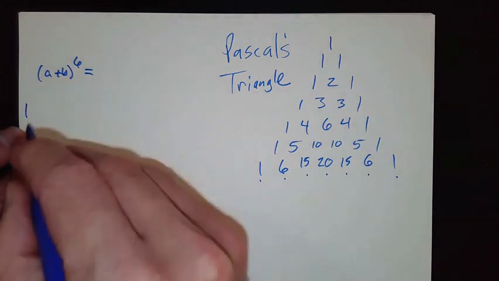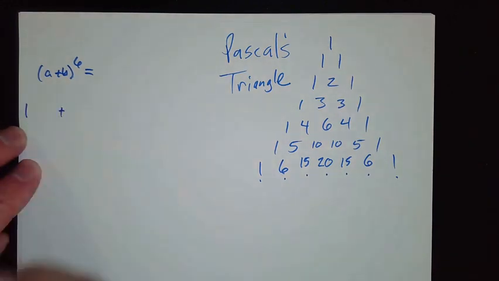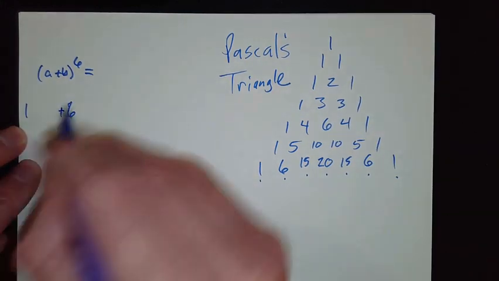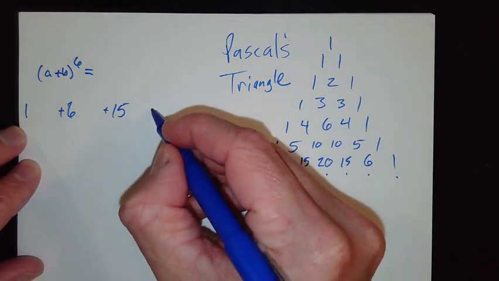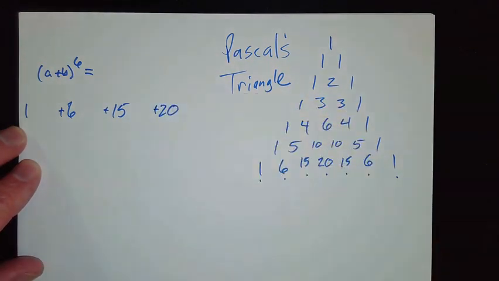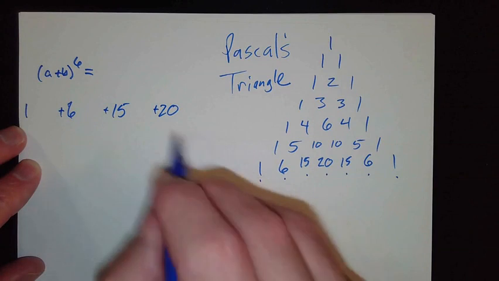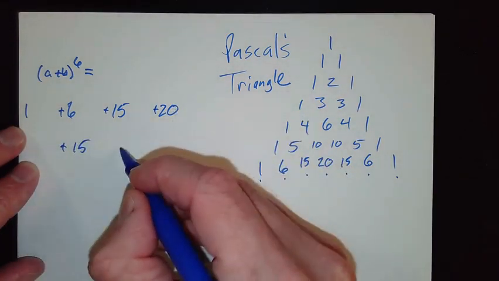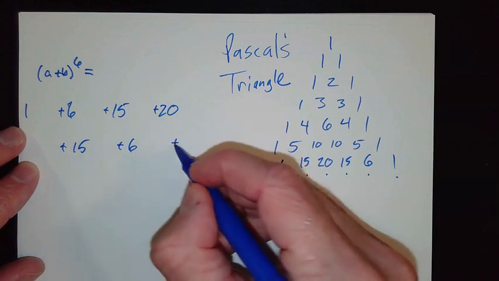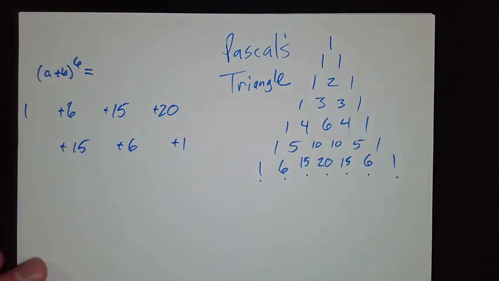I'm going to have 1 times something plus 6 times something plus 15 times something plus 20. Let's see, I'm going to run out of space there. So we'll just go to the next row, plus 15 times something, plus 6 times something, plus 1 times something. These are just the coefficients.